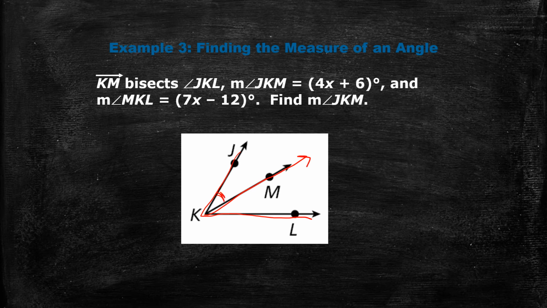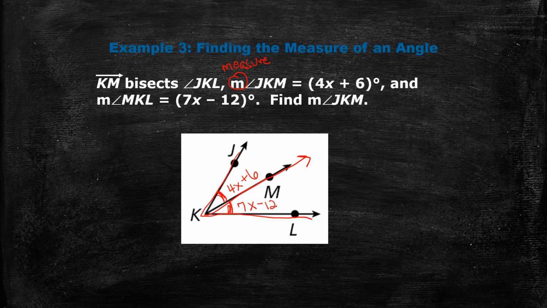So I know that angle JKM is congruent to angle LKM. So the question tells us the measure, that little m stands for measure, the measure of angle JKM is 4x plus 6. And the measure of angle MKL is the expression 7x minus 12.